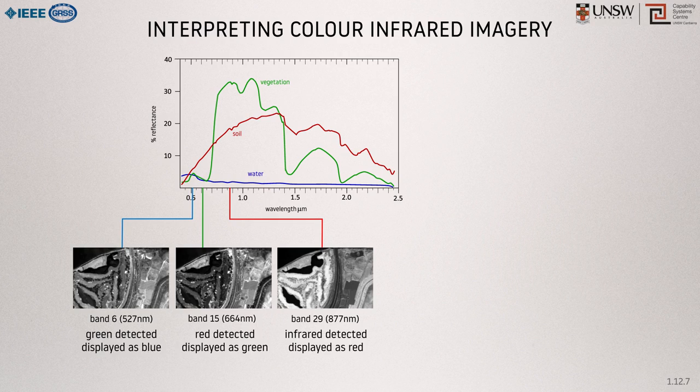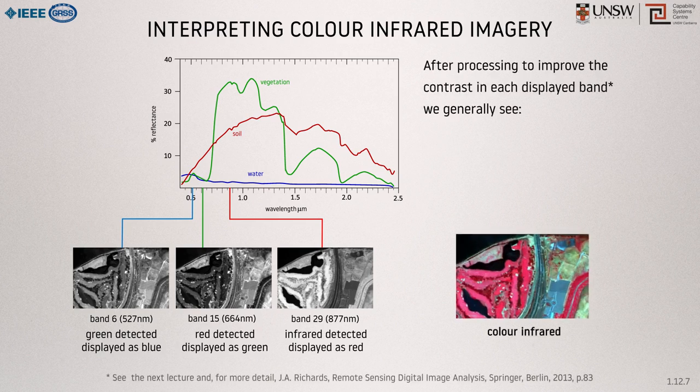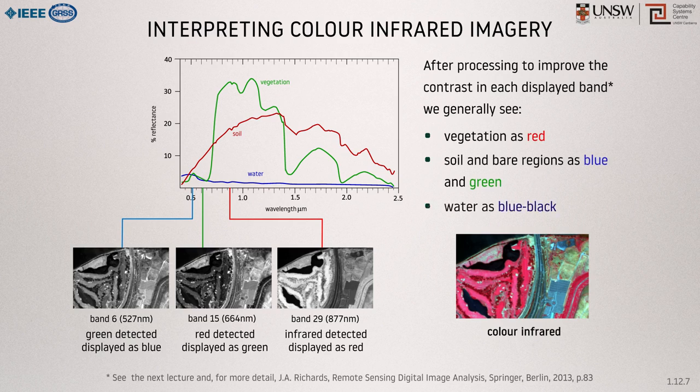That requires reference back to the spectral reflectance characteristics of the different Earth surface cover types present in an image. On this slide, we have shown where three bands, green, red and near-infrared, are located on the reflectance spectra. When combined into the colour infrared composite, vegetation appears as red, soil and urban regions appear as blue and green, and water will appear as bluish-black, depending on its depth and turbidity.